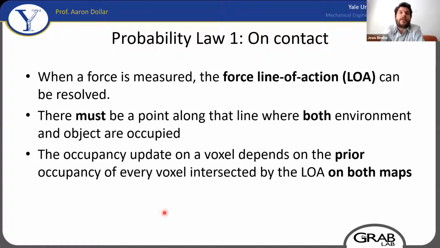So we use the prior belief on the occupancy of those voxels along the line of action, both on the map of the environment and on the map of the object, to continuously update the belief and populate that map with the probabilities that they are occupied.